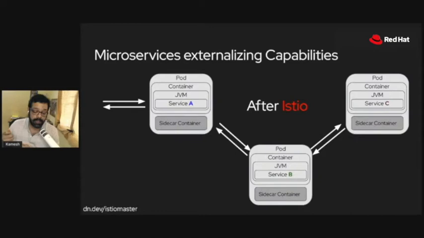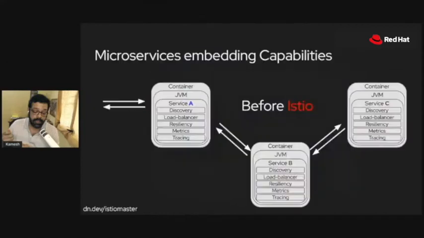When I was doing this exercise earlier, I wrote a simple hello world program using a Spring Boot controller or any kind of Java framework. That application had around 75 lines of code, just to say hello, if I want everything inside it: discovery, load balancer, resiliency, metrics, tracing.